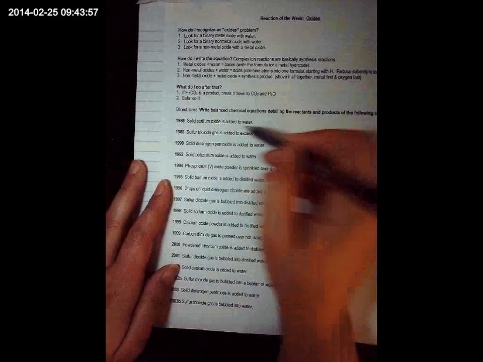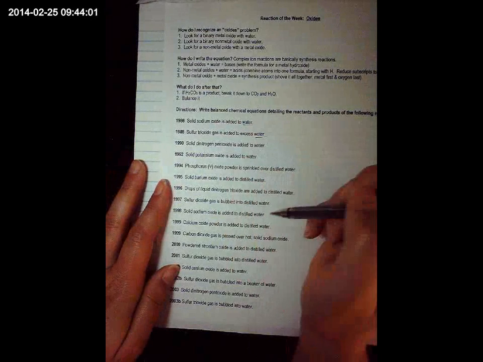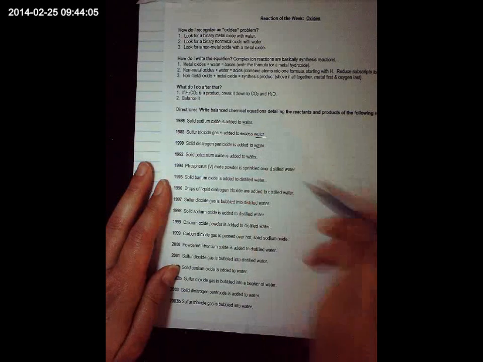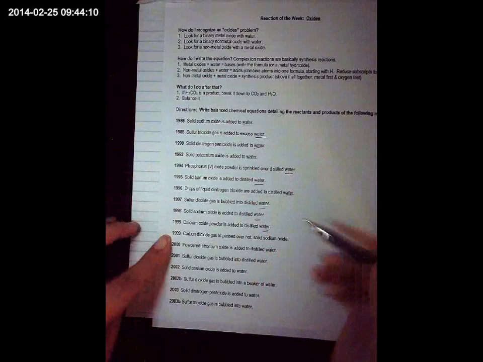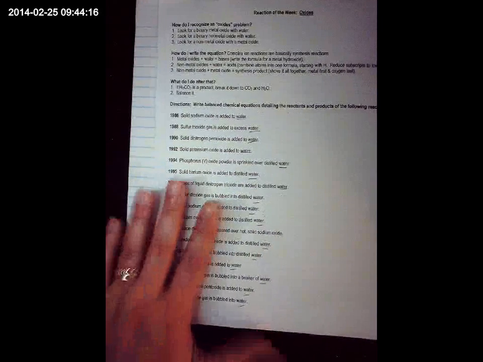Solid sodium oxide is added to water. Sulfur trioxide gas is added to water. Solid dinitrogen pentoxide is added to water. 99 is an exception. So that's going to tip you off that you're going to do what we're going to show you next.